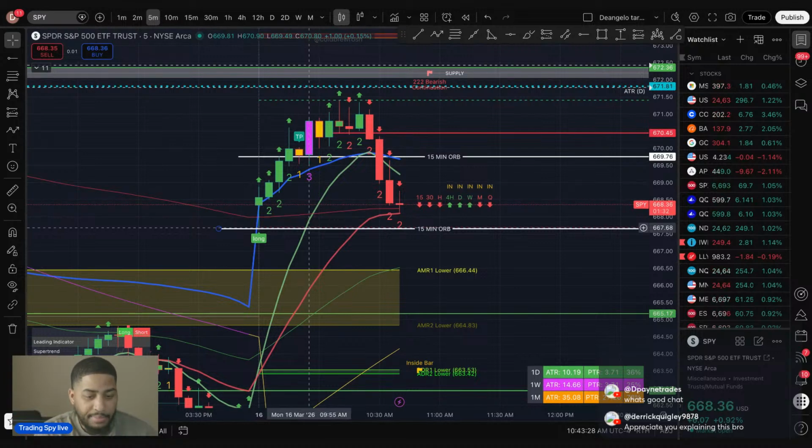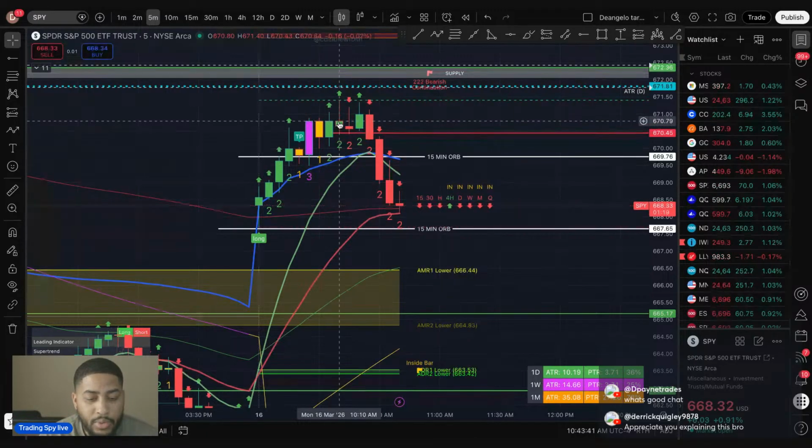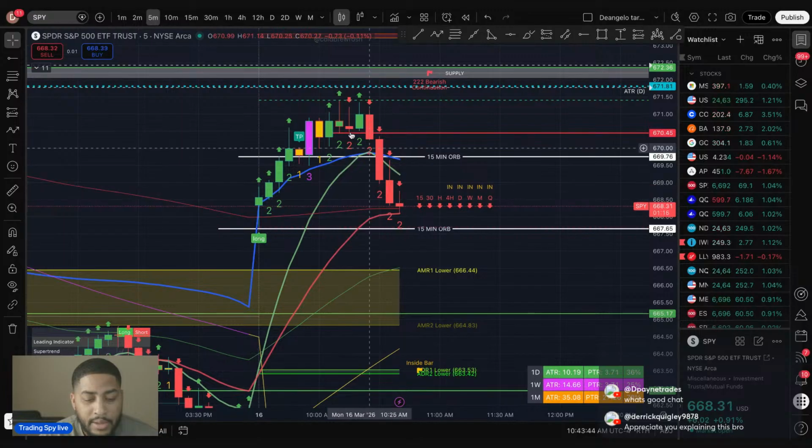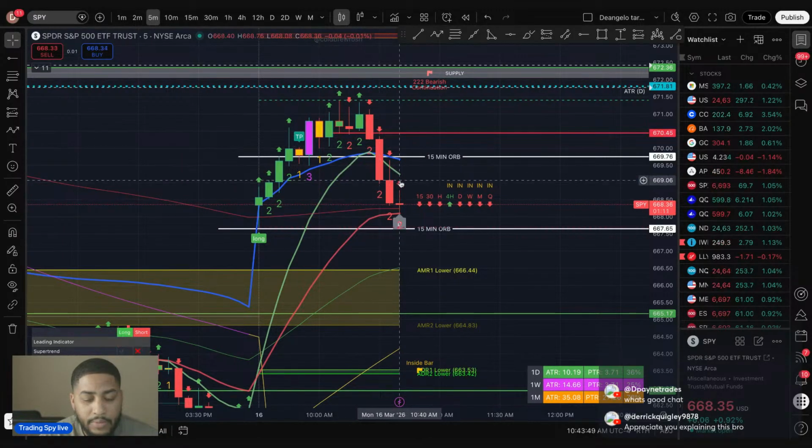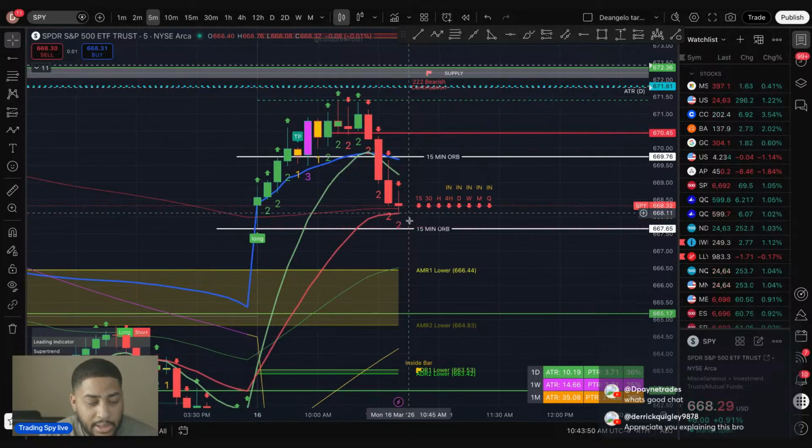But the problem is now we've been selling off for the last 20, 30 minutes. Because once we got that fail 2 up on this candle right here, we never went higher than that. So that's 5, 10, 15, 20, 25, 30, 35 minutes so far that the market's been selling off.